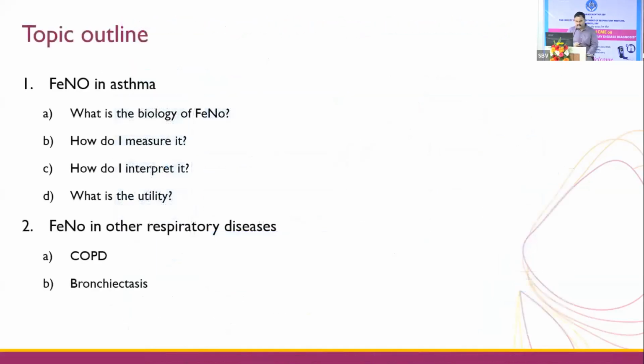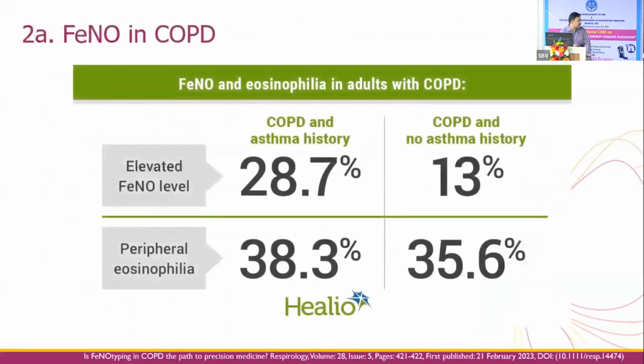So finally, there is an upcoming role of FeNO in other respiratory diseases like COPD and bronchiectasis as well. As opposed to testing peripheral eosinophils, we know there are hundreds of papers, this way, that way. Today you read that withdrawal of corticosteroids is fantastic in COPD. The next day it'll say it's a bad idea.